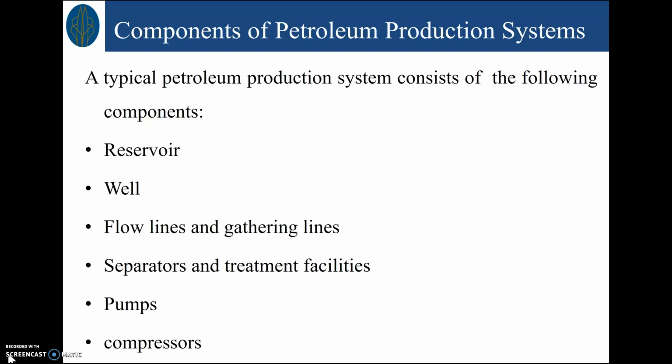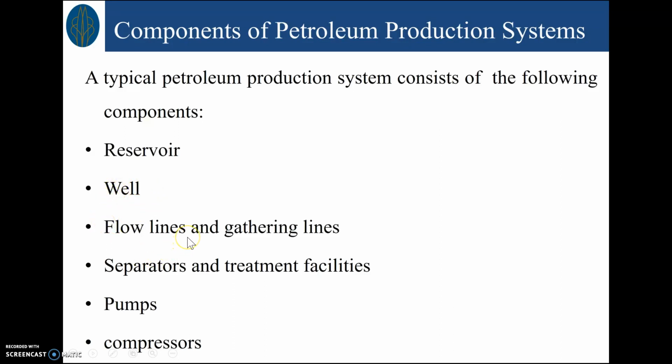So briefly, a typical production system consists of the following components. Any production system starts from the reservoir, then the oil or gas and water stream will flow through wells up to the surface.